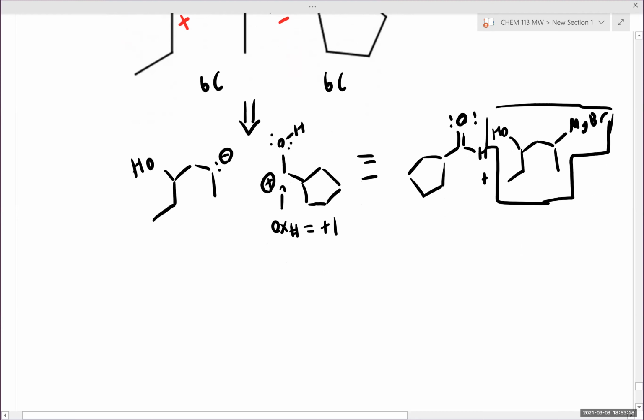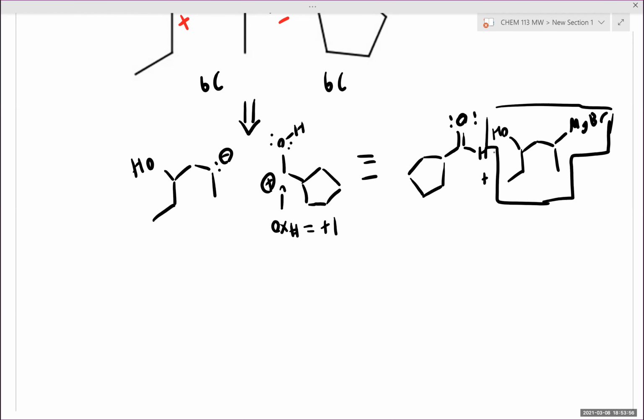However, and this is important to consider, is there a way for us to mask the reactivity of this alcohol? Is there a way for us to hide our alcohol so that we can make our Grignard, perform our desired bond-forming reaction, and then free up our alcohol later on in the synthesis?